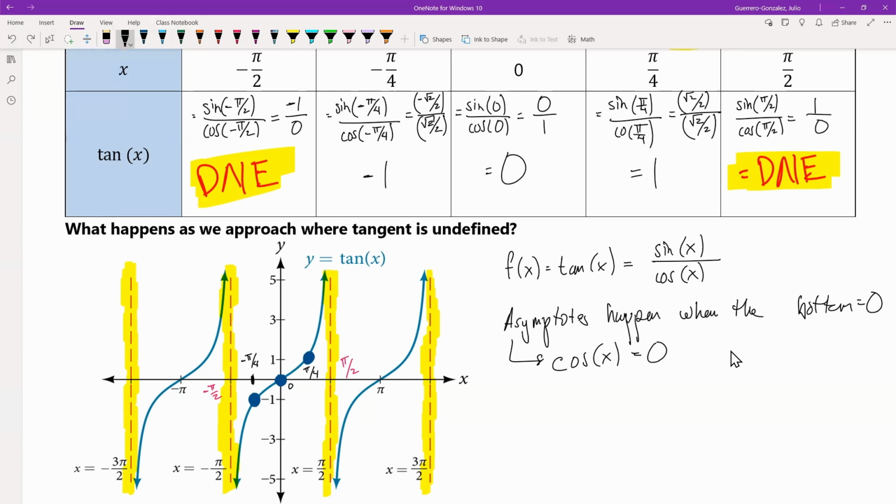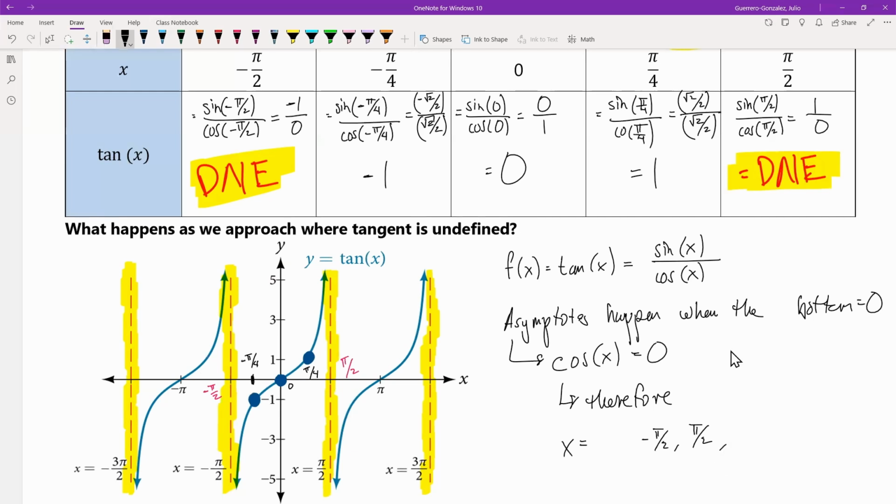If this is true, therefore, x has got to equal not only negative pi over 2 and positive pi over 2, but all angles where x lands on either one of these two. So that means we can keep going around.